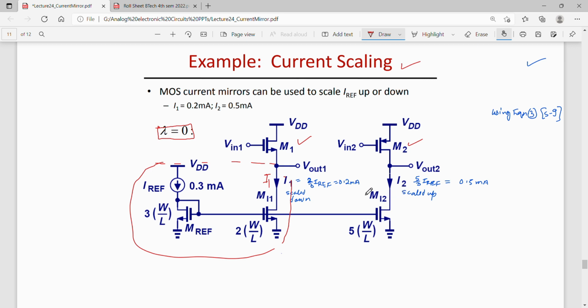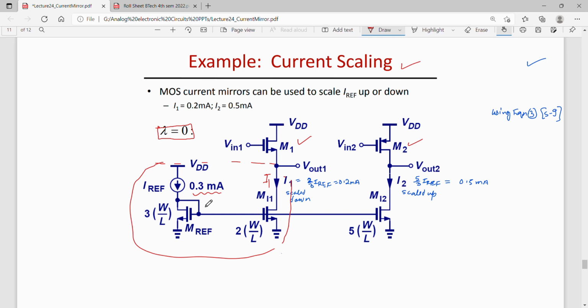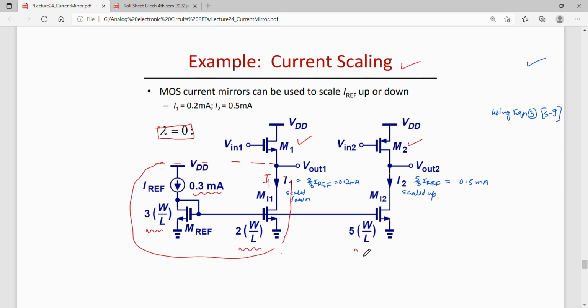So we are copying Iref as I1 and I2. Now if Iref is 0.3 milliamperes and the W by L ratio is 3 for the reference transistor, 2 for this transistor, and 5 for this one, then consider the current through this transistor, that is I1.